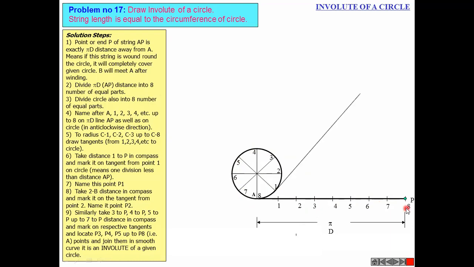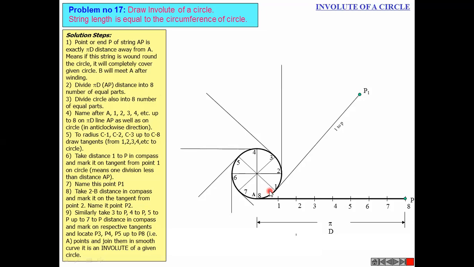Then you need to draw a tangent to that circle from each and every point of this division, like this: 1, 2, 3, 4, 5, 6, 7 and 8. 8 is not required in this case, why I will tell you later on.